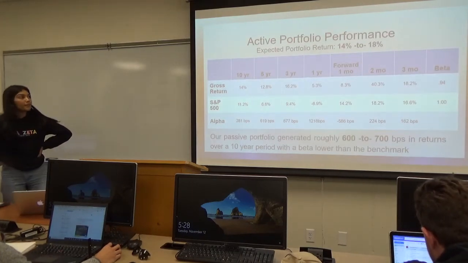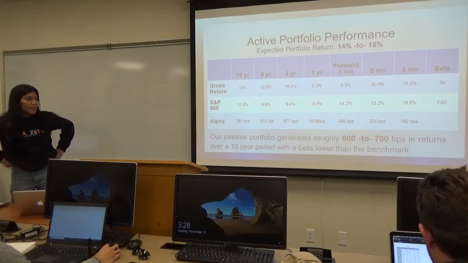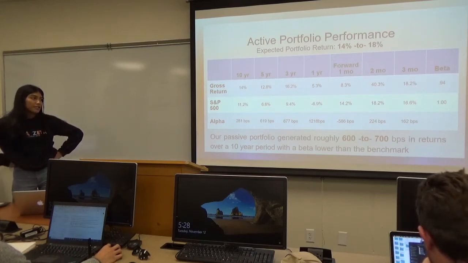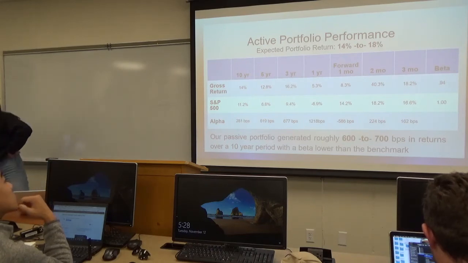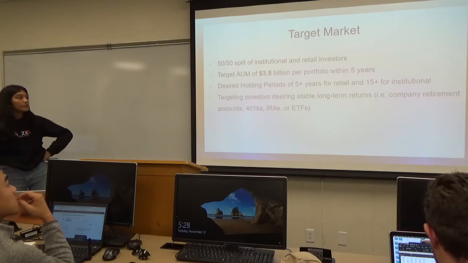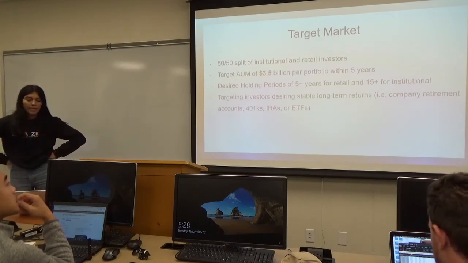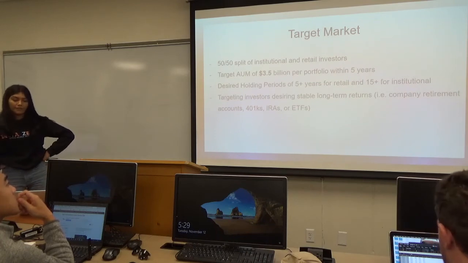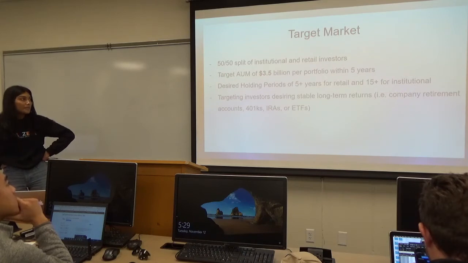This is the expected performance, and again, the portfolio return is expected to be around 14% to 18%, generating roughly 600 to 700 basis points. The target market is 50-50 between institutional and retail investors, and the target AUM is 3.5 billion per portfolio in that 5-year period.